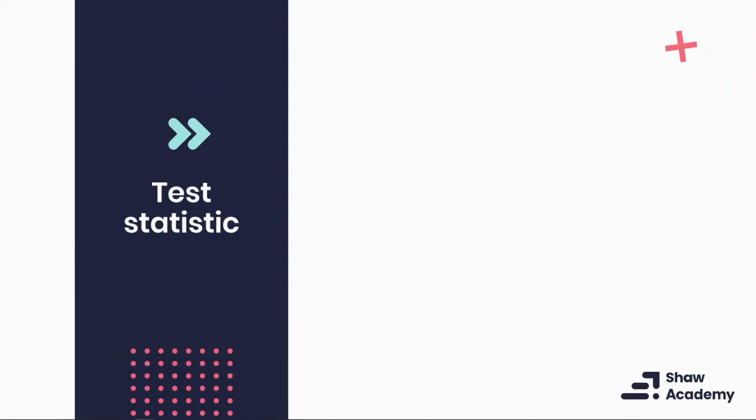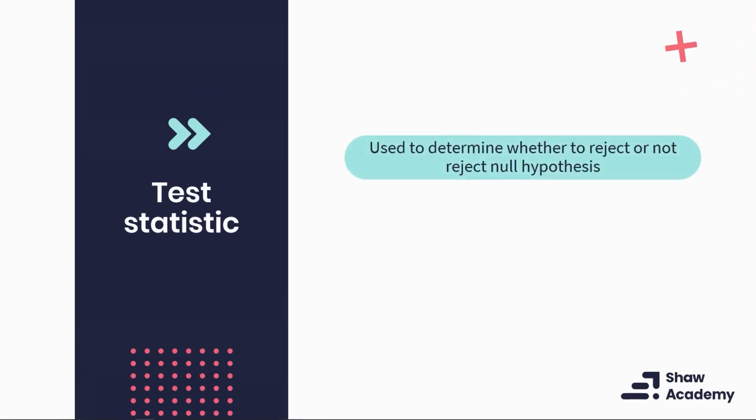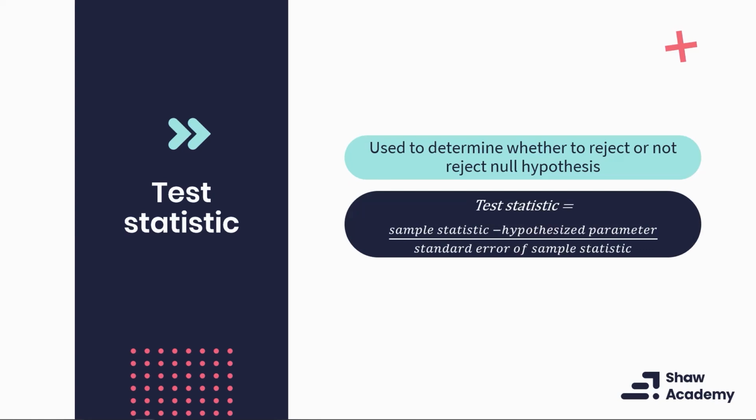Okay, moving on. We calculate the test statistic from the sample data and use it to determine whether to reject or not reject the null hypothesis. A test statistic measures the degree of agreement between a sample of data and the null hypothesis. The general formula for the test statistic in this course will be: test statistic equals sample statistic minus hypothesized parameter, over the standard error of the sample statistic.